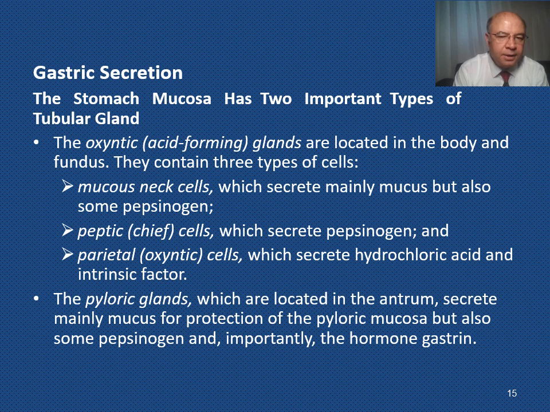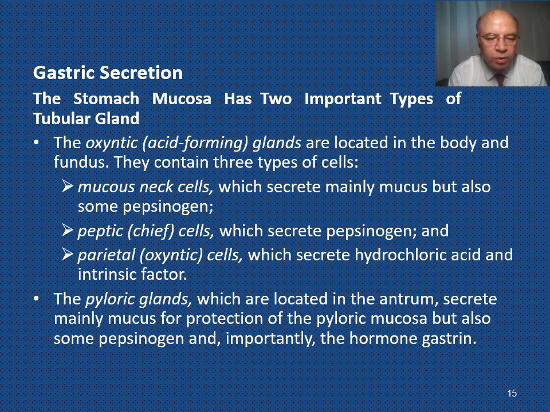Mucous neck cells. They secrete mainly mucus, but also some pepsinogen, and peptic cells, which secrete pepsinogen. Peptic cells are also called chief cells, and parietal cells. Parietal or oxyntic cells secrete hydrochloric acid and intrinsic factor.